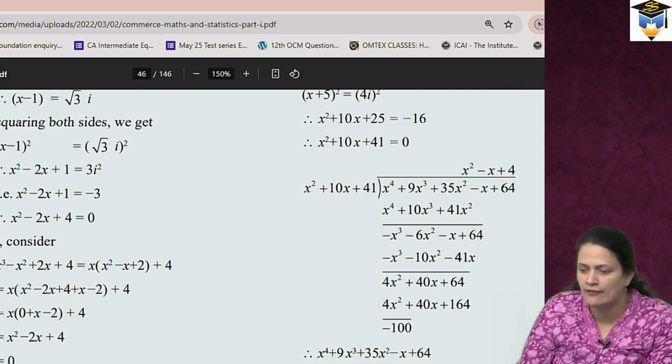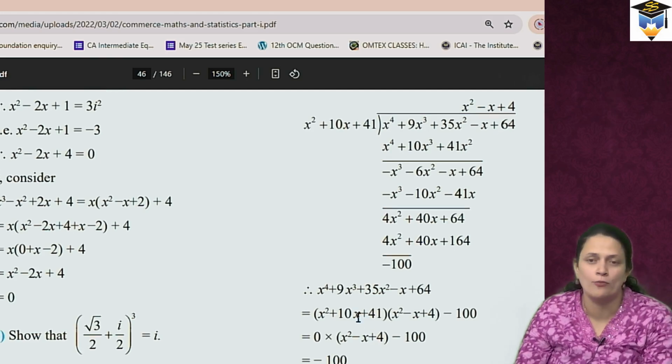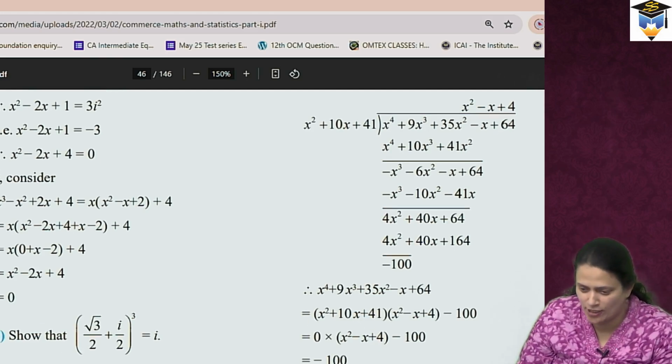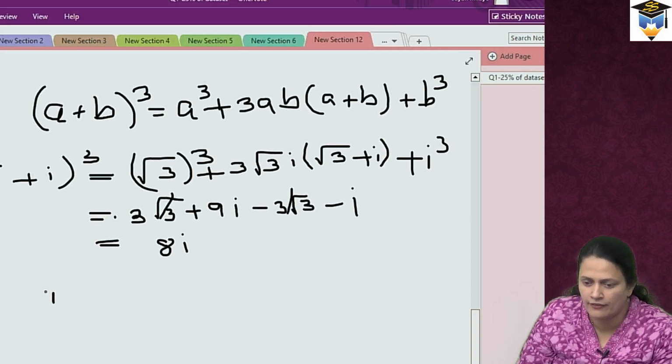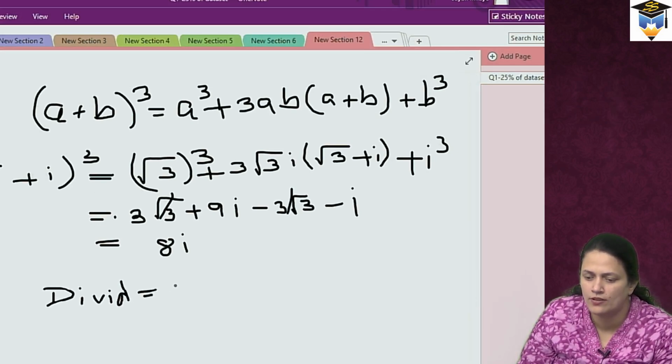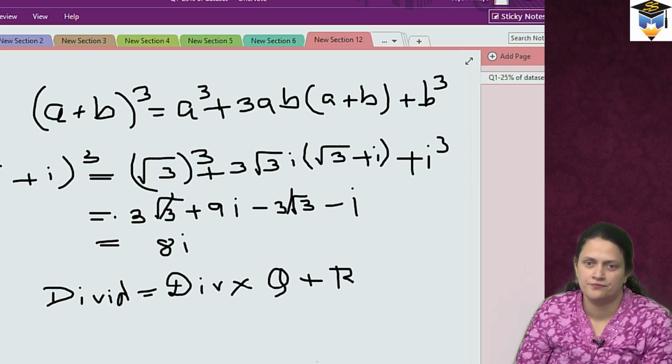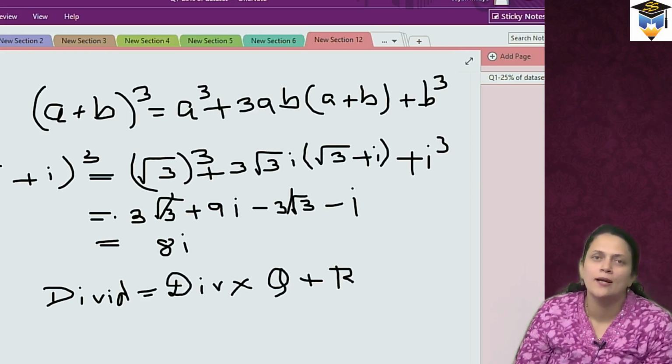So now they have written this particular polynomial in the form of, write down this along with me: dividend is equal to divisor into quotient plus remainder.